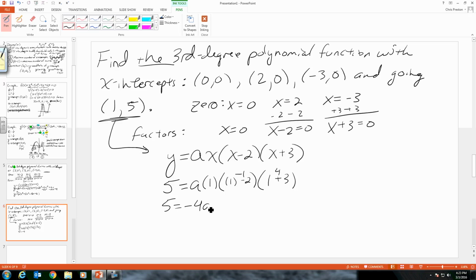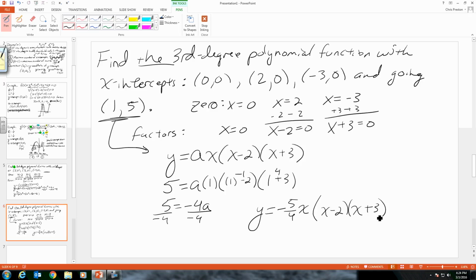So negative 4 times a, divide both sides by negative 4. And so my equation is y equals negative 5 over 4 x times x minus 2 times x plus 3.